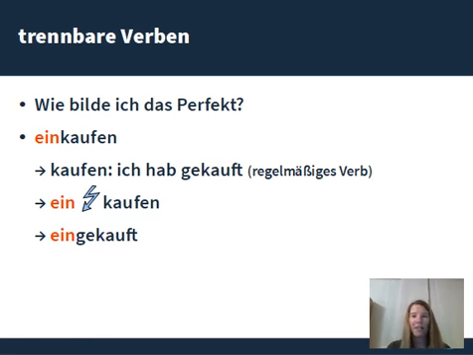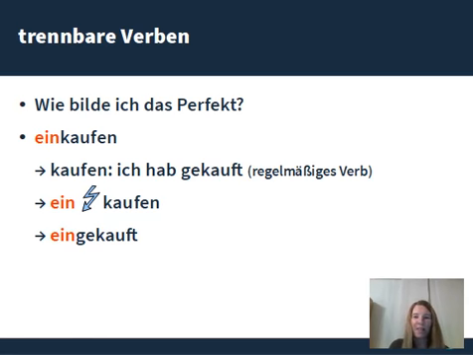It just specifies how we went shopping, for example. And then it just goes in front, okay? So the prefix, the one part that we break away, it just goes in the front of the perfect form. Okay? Ich habe eingekauft.